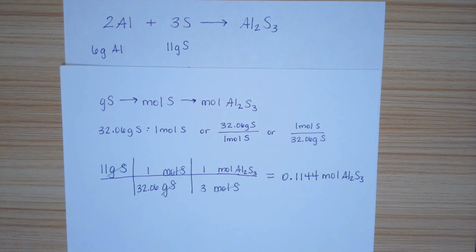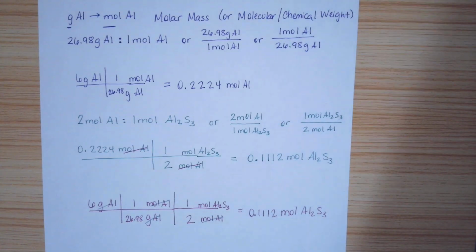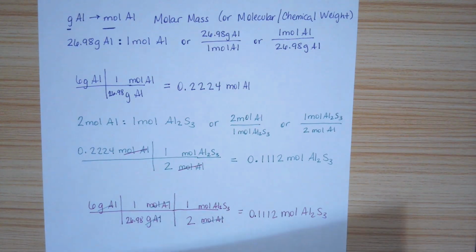So if you were just trying to figure out how much product could form based on sulfur, you have that. If you're just trying to figure out how much product could form based on the amount of aluminum, you have that. But the goal of this was to determine or identify your limiting reactant.